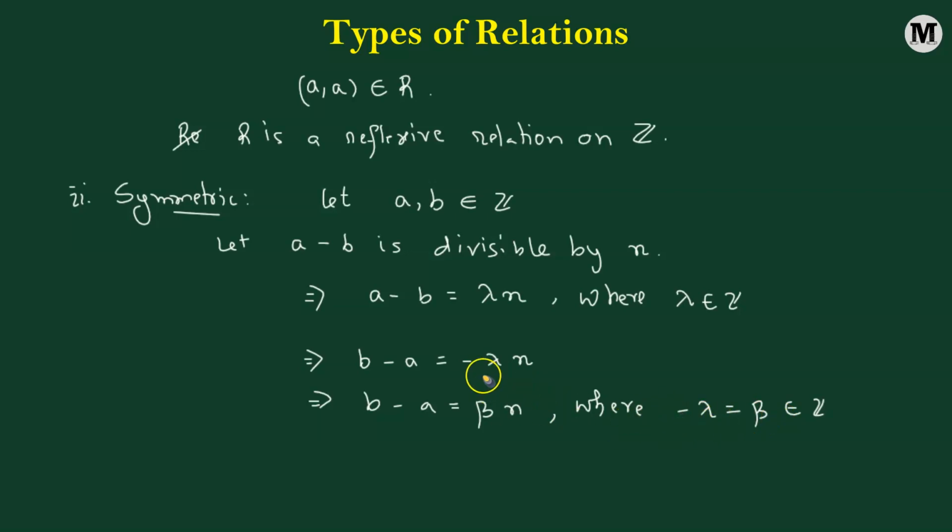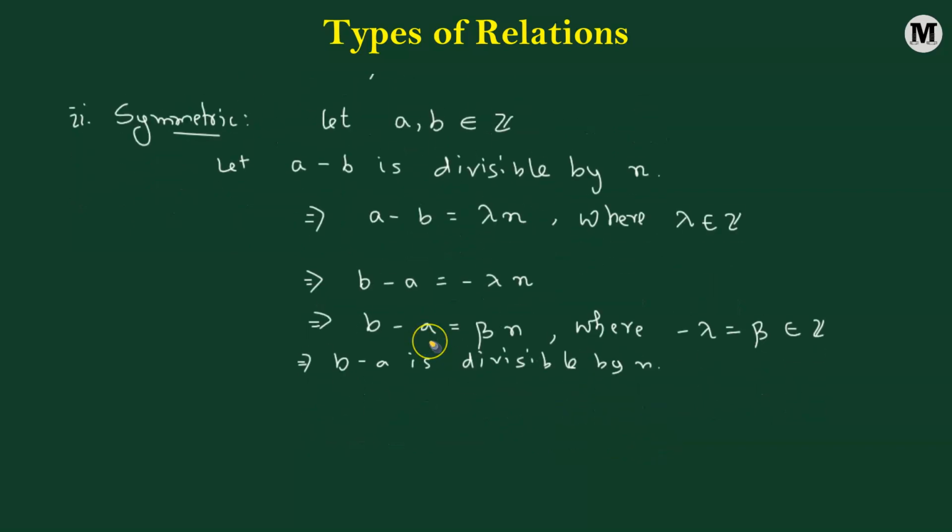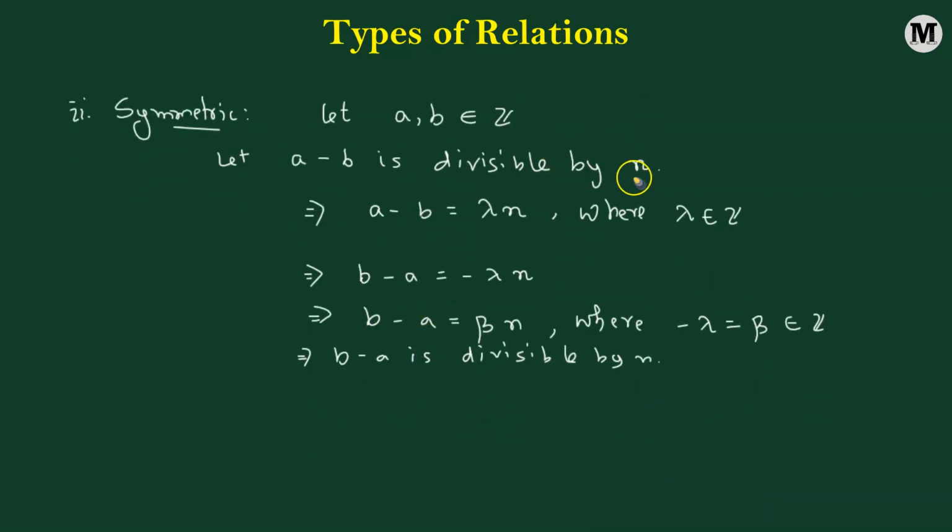All we have done is replace negative lambda with beta. And what does it tell us? This simply tells us that b minus a is divisible by n. So when we say that a minus b is divisible by n, if we write this as a relation in terms of an ordered pair, all we have is chosen a and b.